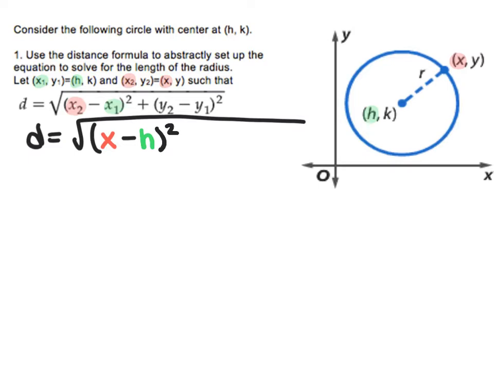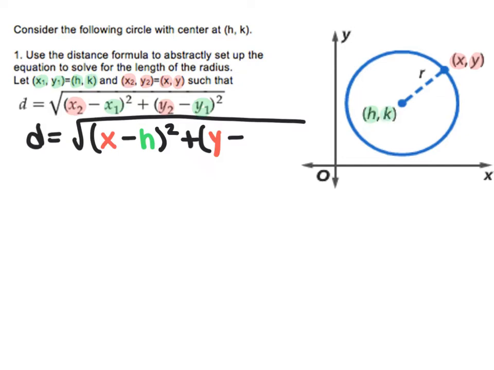close parentheses squared, plus, then we're substituting in the value of y2, which based on what's given is the value of y. So it's y minus y1, which based on the givens is k, or the y coordinate of the center.